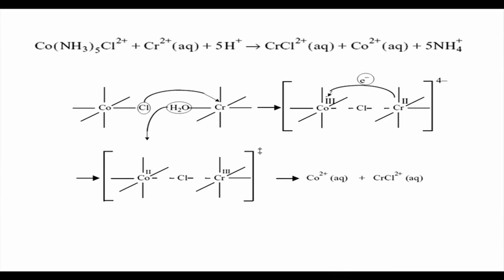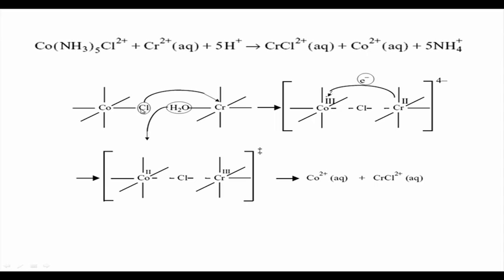A typical example I am citing here is Co(NH3)5Cl 2+ plus Cr 2+ (aq) plus 5H+, giving rise to this. So what is happening over here? This chloride is coordinating over here.